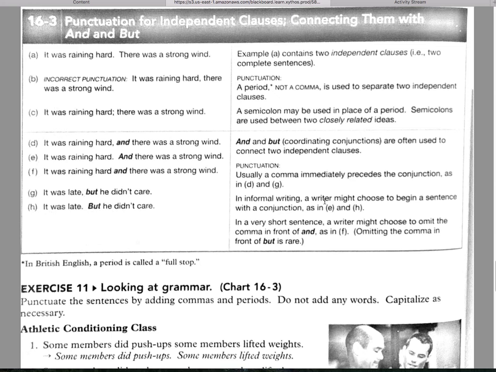In informal writing, a writer might choose to begin a sentence with a conjunction, as in letters E and H. But again, it's very informal. It was raining hard, period, and there was a strong wind, and it was late, period, but he didn't care. Yes, it's correct, but it's informal. You would not use it for an essay or formal letter, okay?